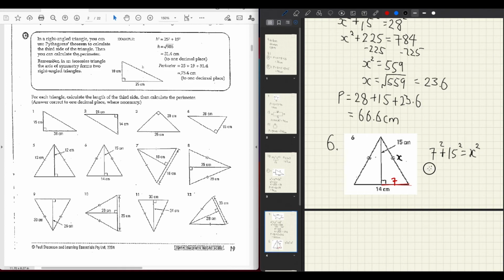Now simplify this, so we get 49 plus 225 is equal to x squared. Now we just have to add up these numbers, so that's 274.